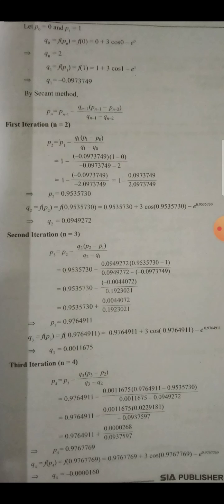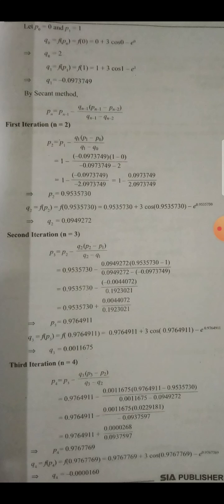Equals 0.9764911 minus 0.0011675 into 0.0229181 by minus 0.0937597, equals 0.9764911 plus 0.40268 by 0.0937597.